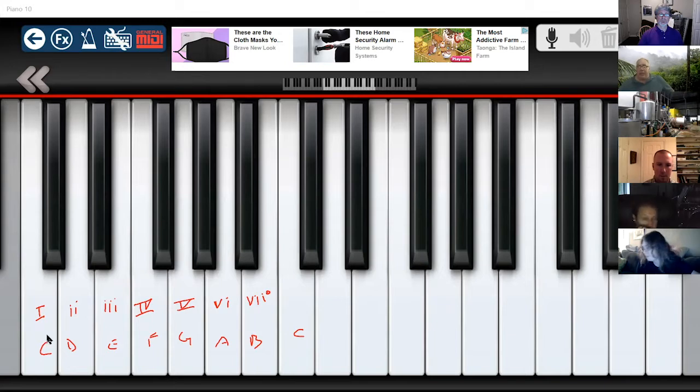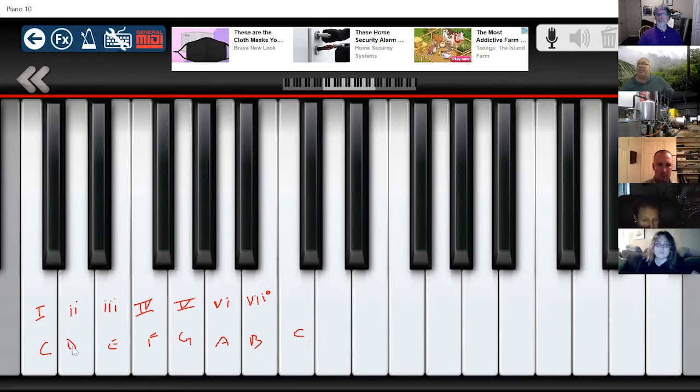So in the key of C, the 1, the 3, and the 5 are natural. In the key of F, the 1, the 3, and the 5th are natural. In the key of G, the 1, the 3, and the 5th are natural. That's why they sound the same.